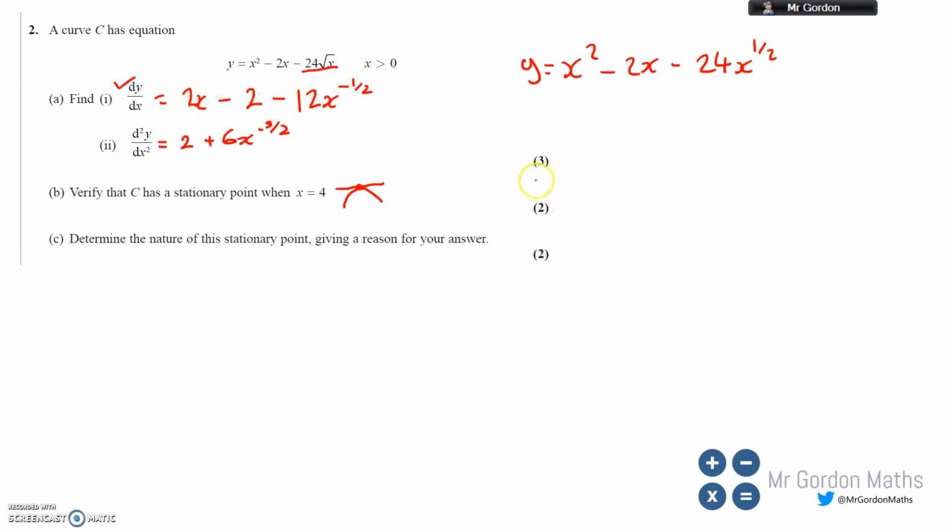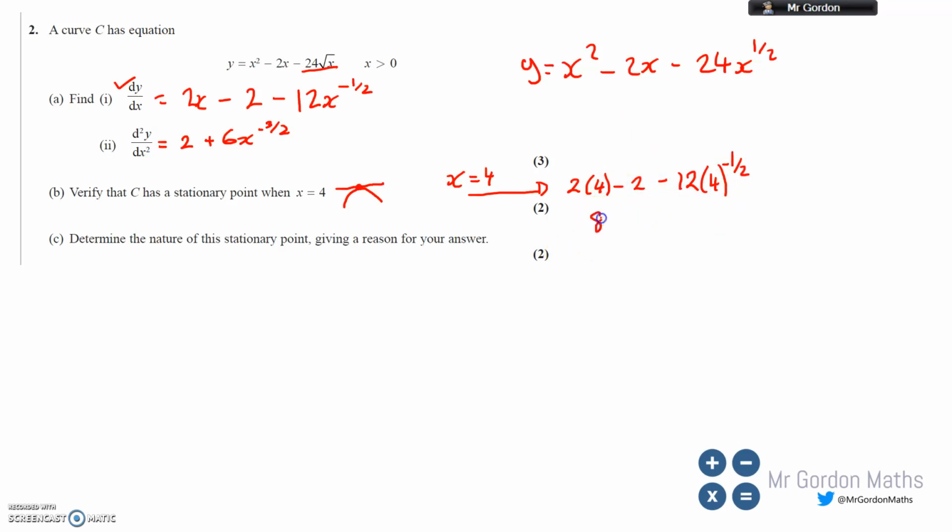I'll pull this out here and we'll substitute x equals 4 into the gradient function to see what happens. So we're going to end up with 2 lots of 4 minus 2 minus 12 lots of 4 to the minus a half.